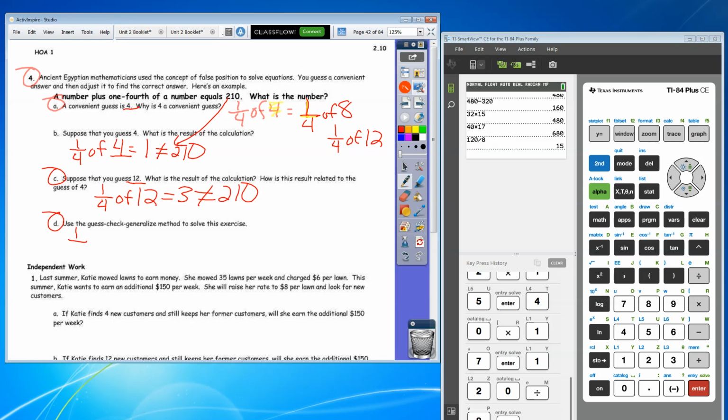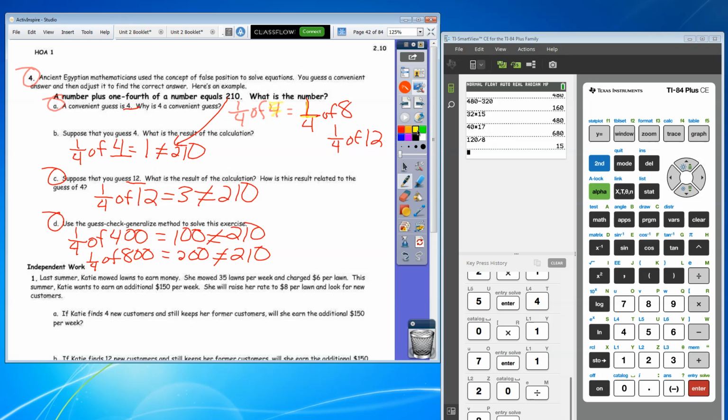Let's say 1/4 of 400. That would be 100, which is not equal to 210, so we're still way too small. Let's try 1/4 of 800. That would be 200. So we're getting closer, but it's not equal to 210.